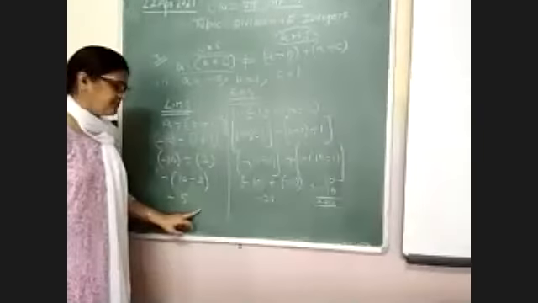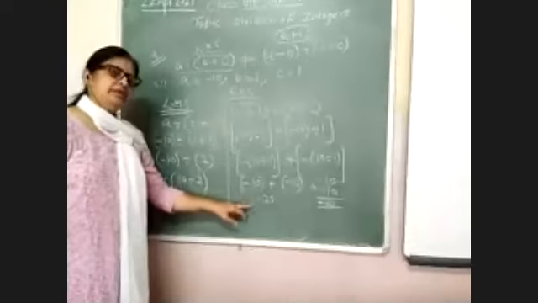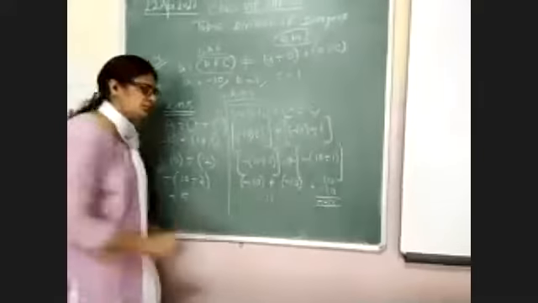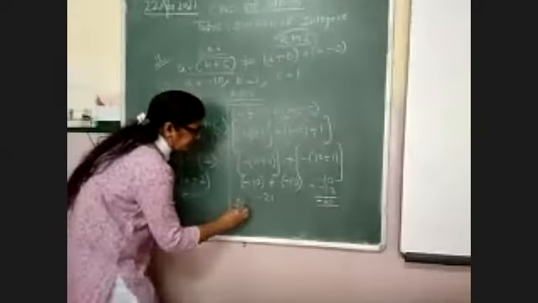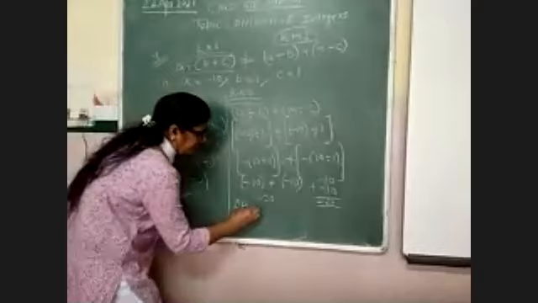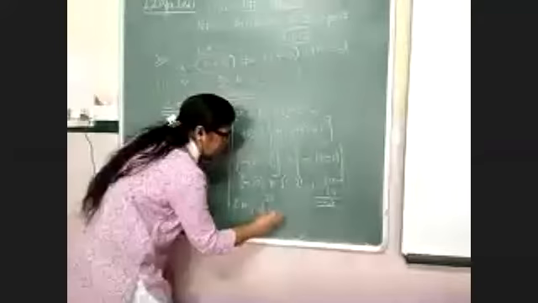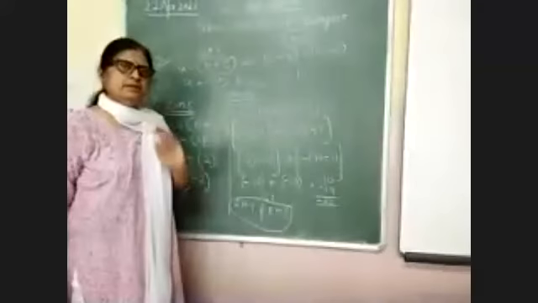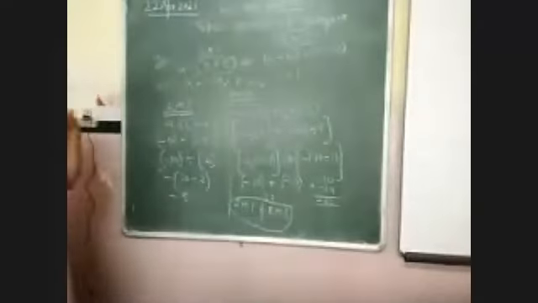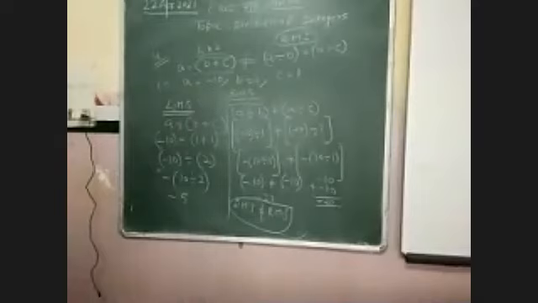Now see, your left hand side is minus 5. Your right hand side is minus 20. So left hand side is not equal to right hand side. Now try the second part of the fourth question yourself. Okay.